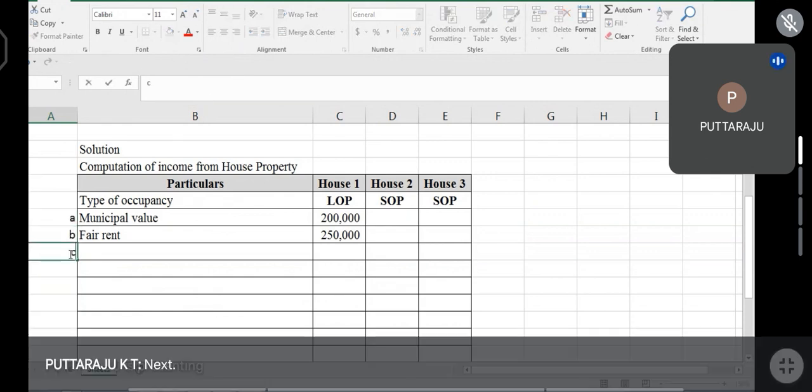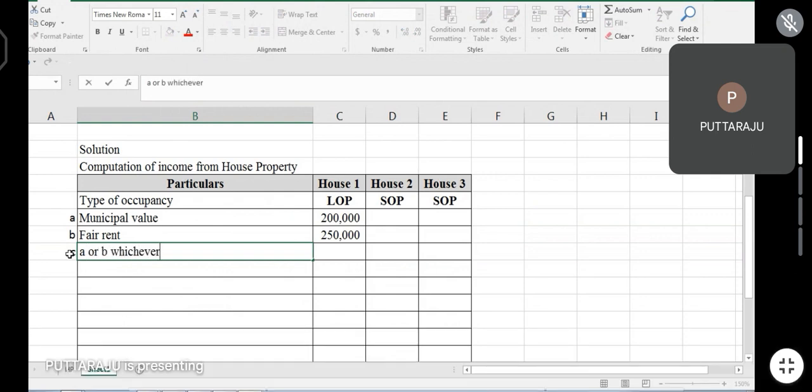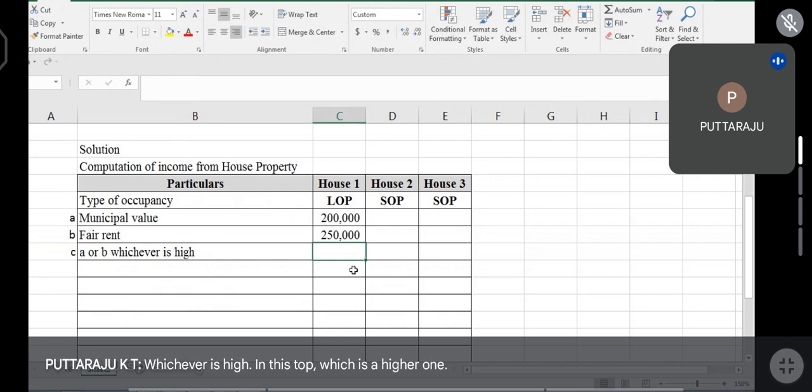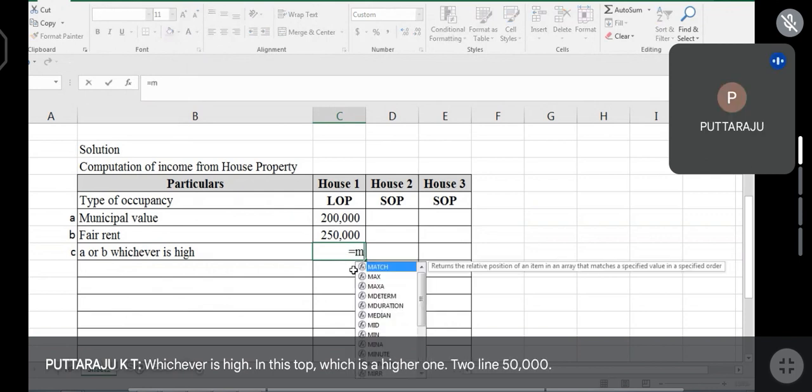Next, C, A or B, whichever is high. In these two, which is the higher one? 2,50,000.